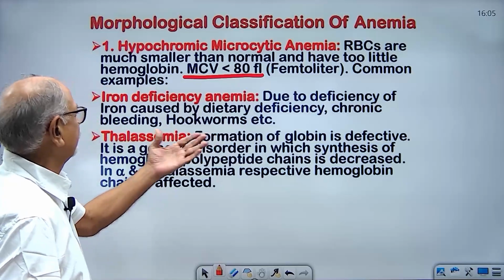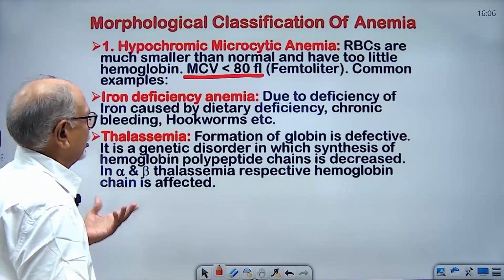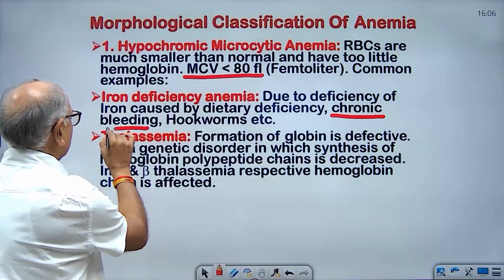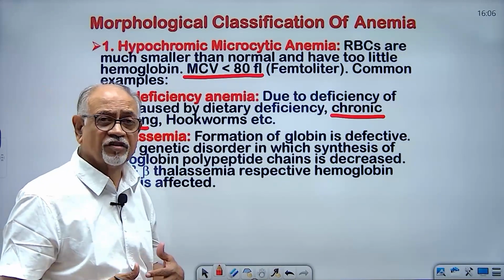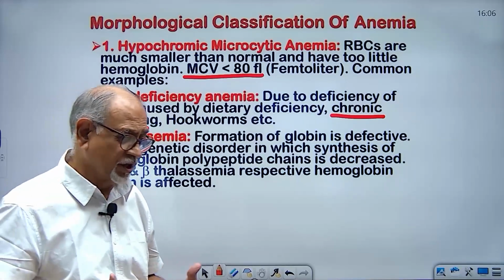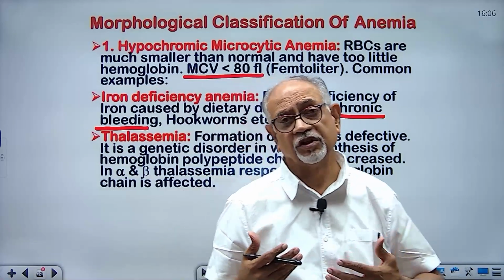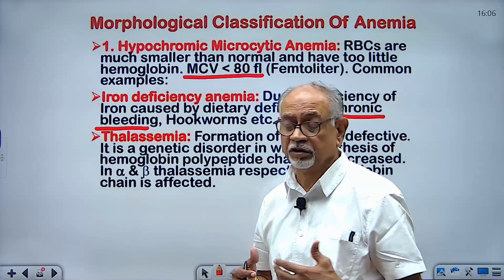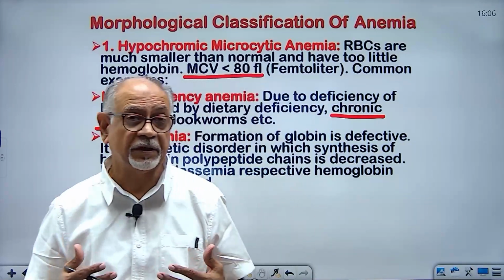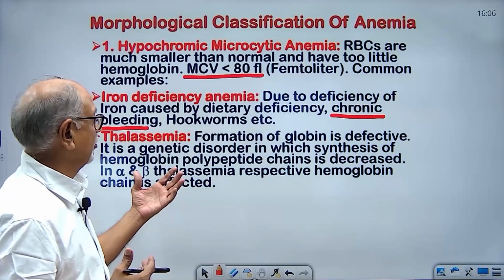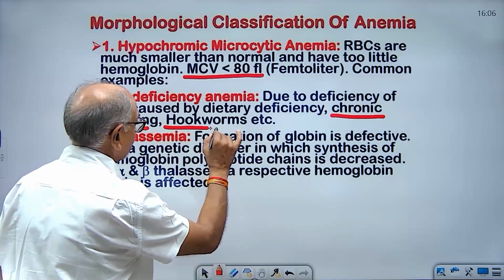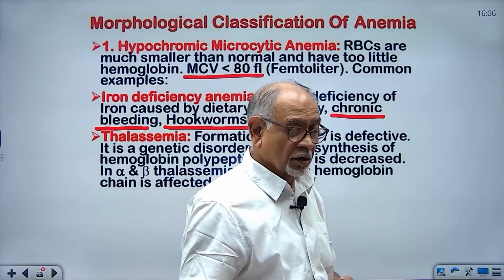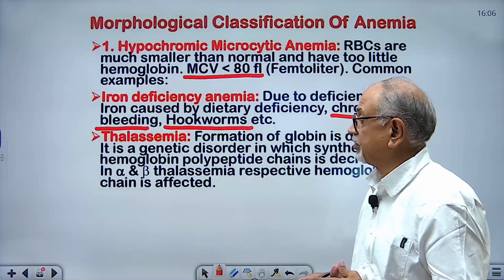The main causes of iron deficiency anemia are in case of chronic bleeding. If bleeding occurs from some part of the body, maybe from the parts of alimentary canal, from lungs, from colon, then the anemic conditions appear, or in case of hookworms, which is a helminthic parasite, the deficiency of blood is seen.